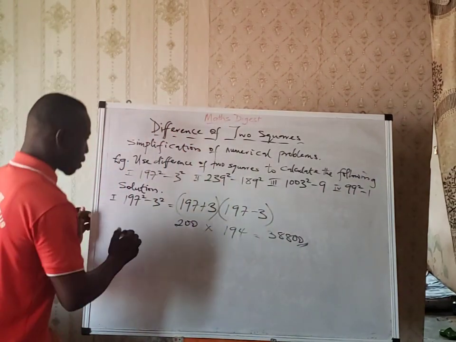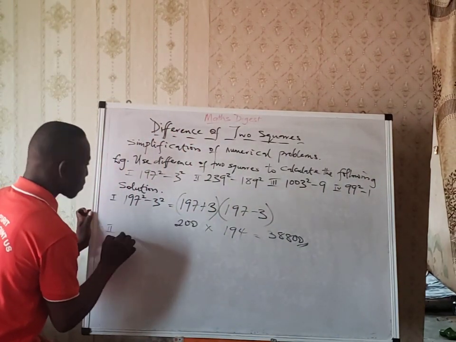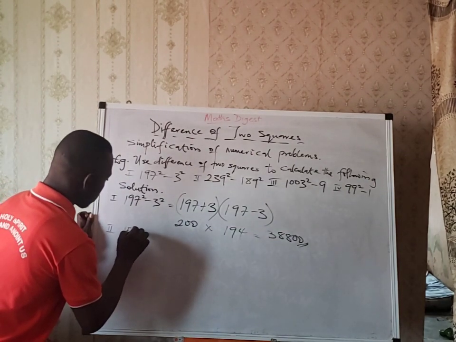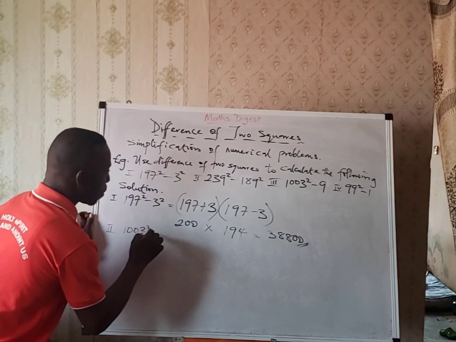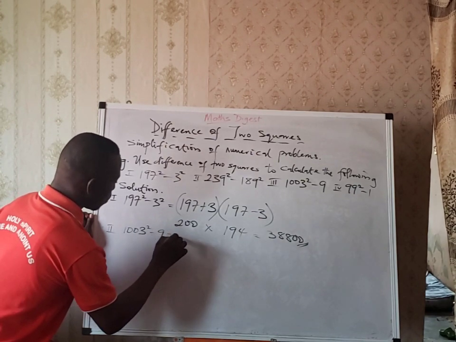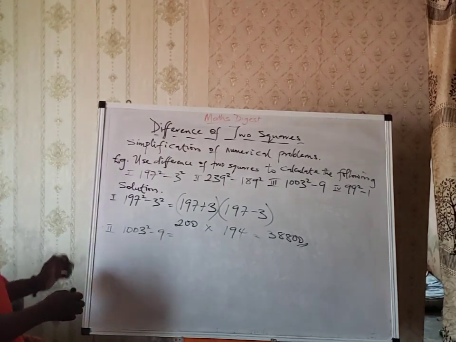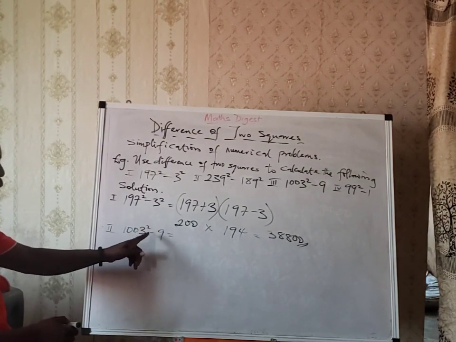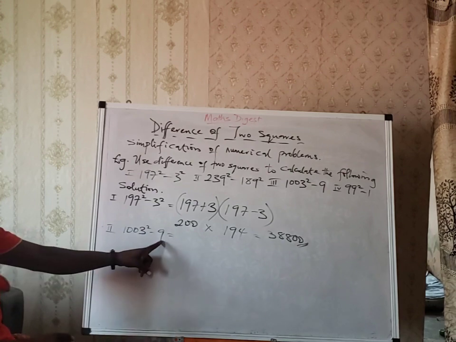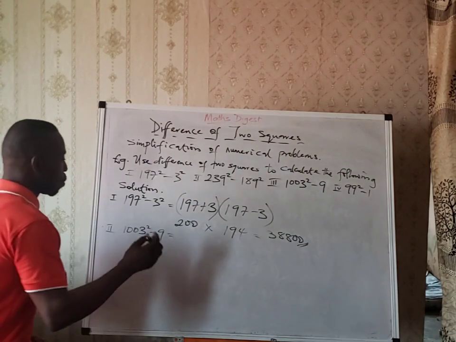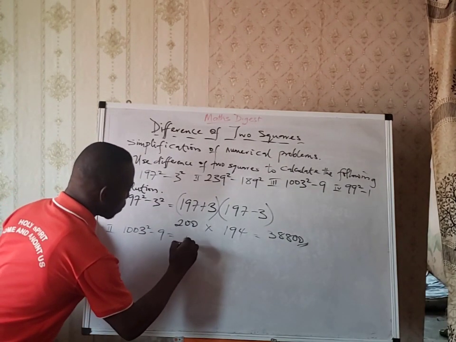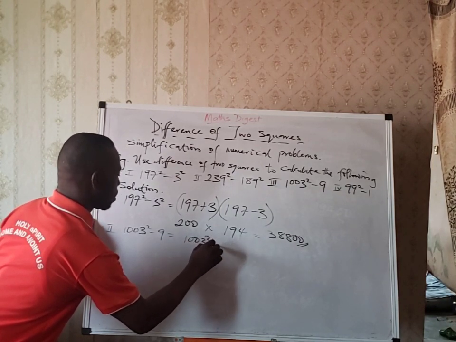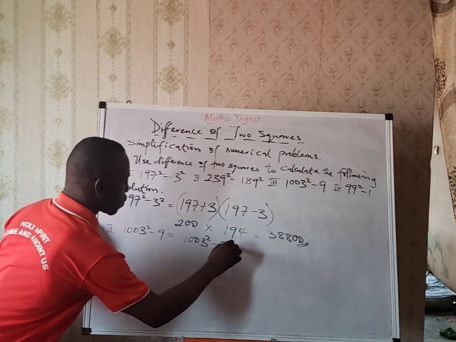So quickly we take the next one, which says 1003 raised to power 2 minus 9. Now if you look at this, this one is squared and this one is not squared, but because 9 is a perfect square, we say 1003 squared minus 3 squared.